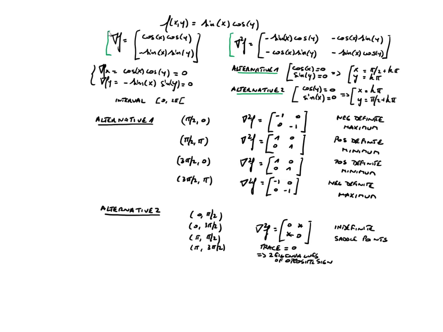If y is then fixed, then you have to fix sine x to 0 to make sure that the second equation is 0. So here are the solutions. X is pi over 2 plus k pi, and y is k pi, where k is some integer.